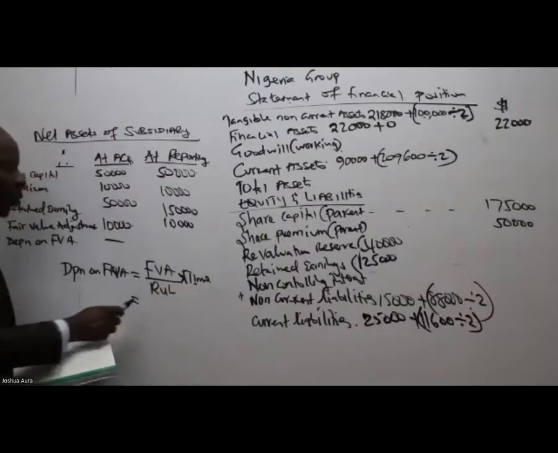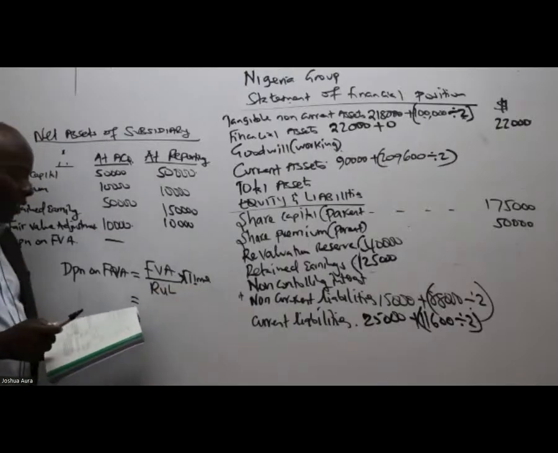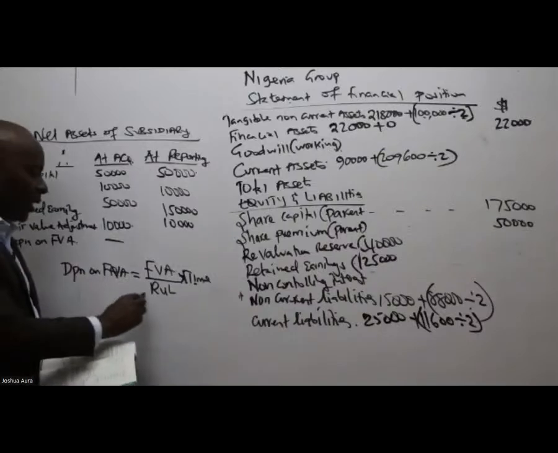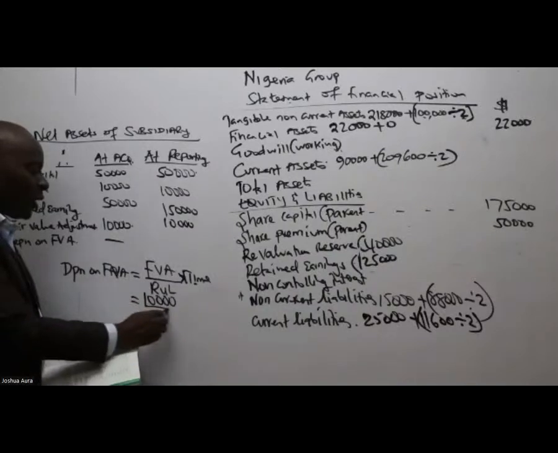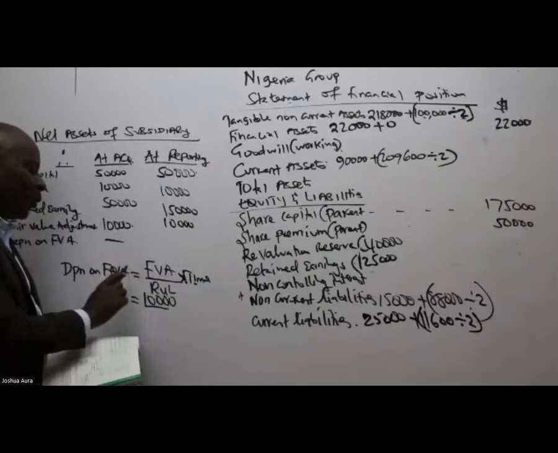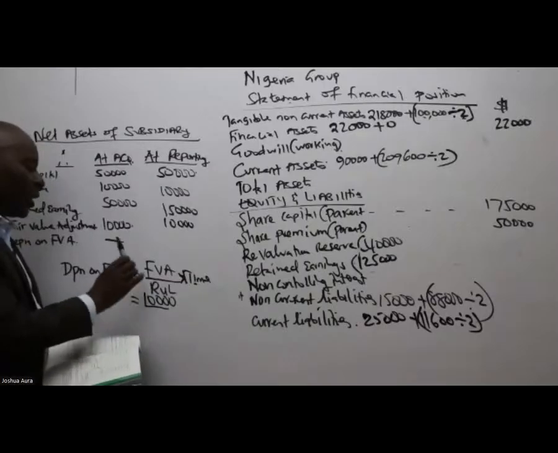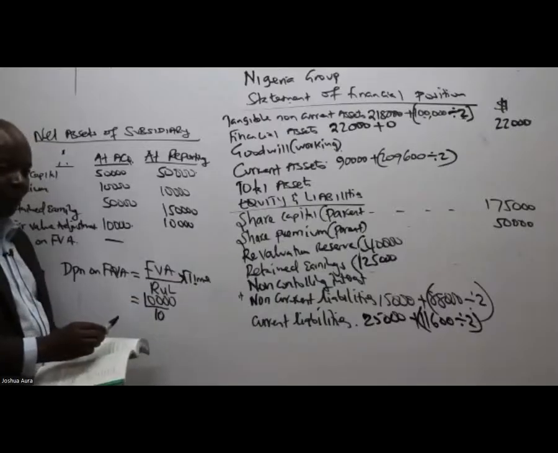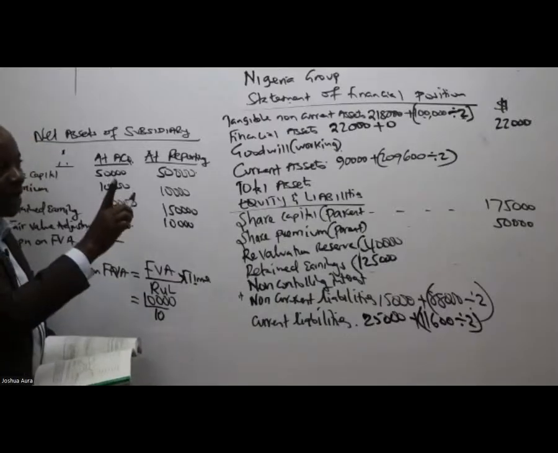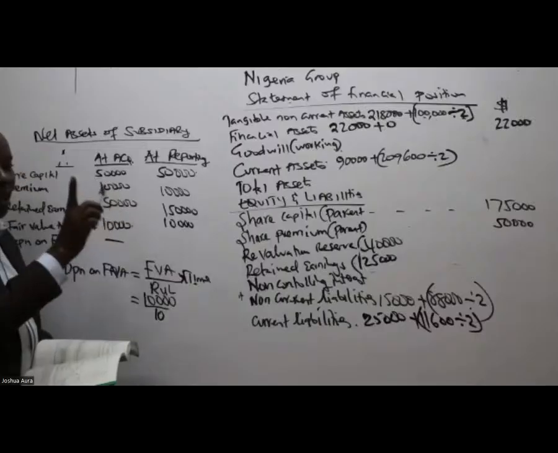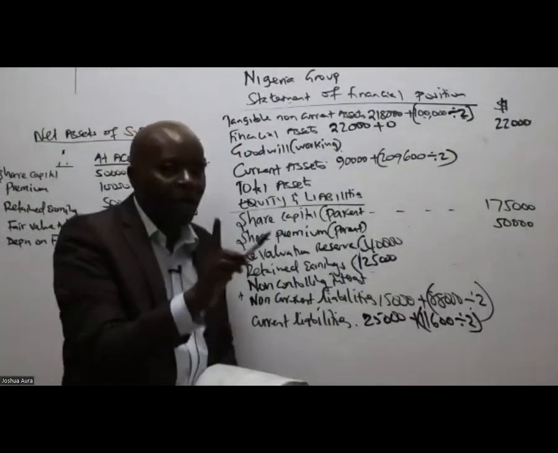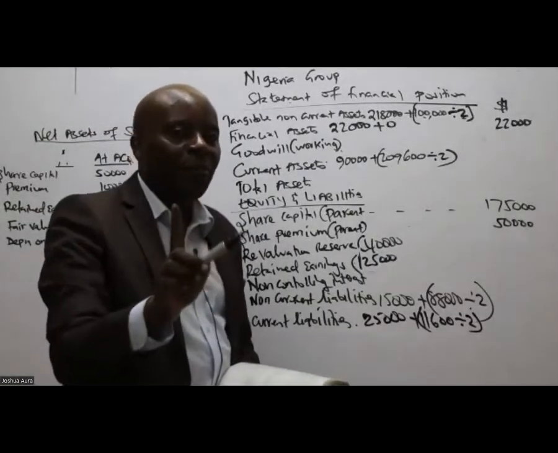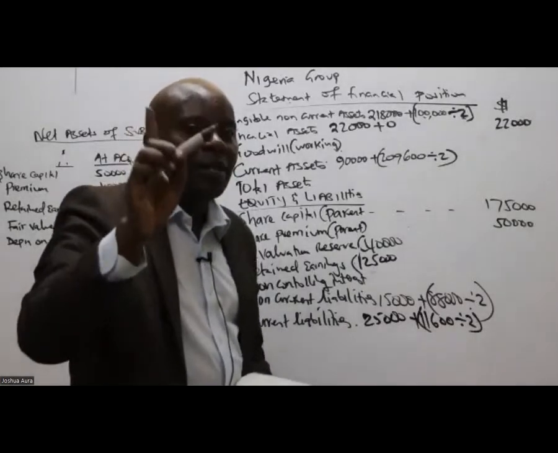So the fair value adjustment in this case is the 10,000, and they're telling us the asset had a remaining useful life of 10 years. If you remember when we began the question, we said that since buying the subsidiary, by the end of the reporting period, 1 year had lapsed.